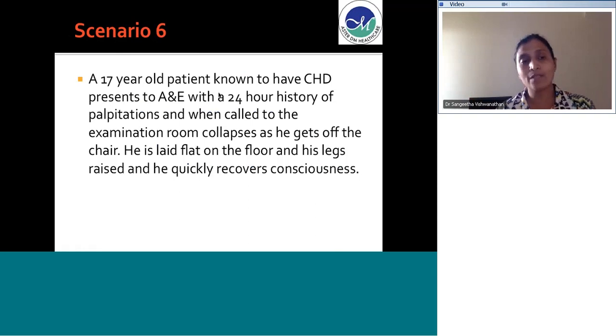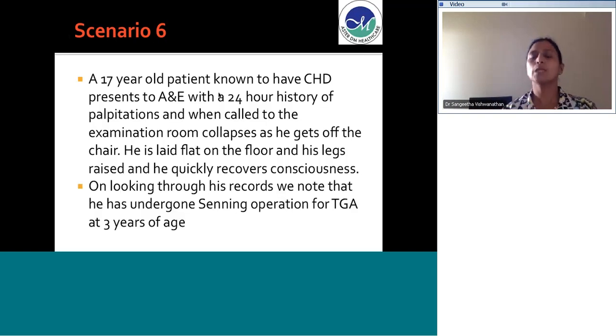Immediately the entire team gets into action. They raise his legs up and start doing things to make sure he's okay. But as soon as he's laid flat and his legs are raised, he recovers consciousness quickly. Okay. You look through his records and you find out he underwent Senning's procedure for TGA at the age of 3.